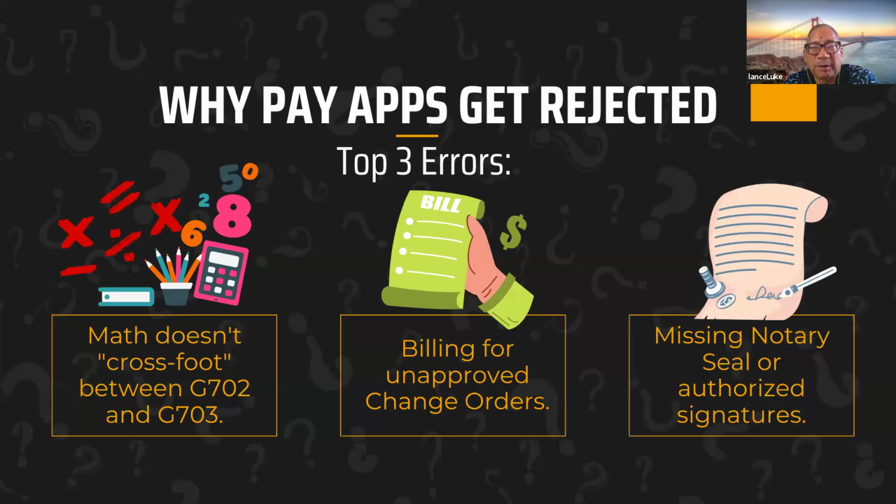So normally there's a notarized, authorized signature, and then there are also lien releases that are submitted. Sometimes it gets rejected where there's a missing signature or a missing page or something is missing, or something is not correct on the math. Okay, next slide.